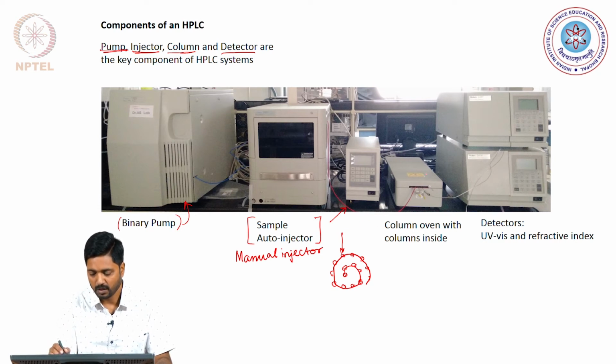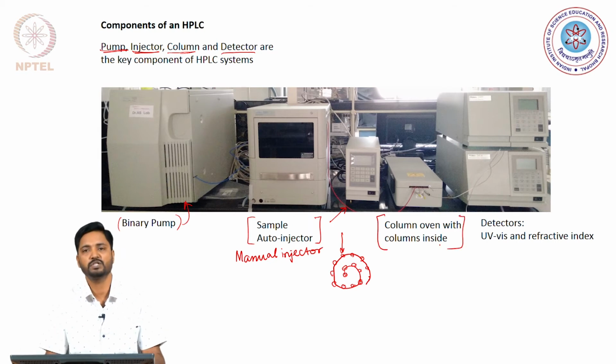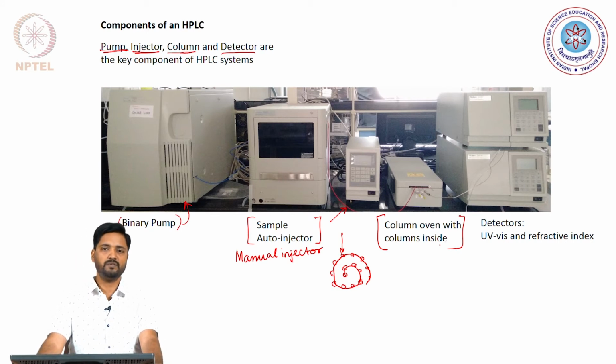So, we have a column oven within which we keep the columns, because as we understood in the previous classes, temperature has a very clear influence on the various parameters in the Van Deemter equation, especially the longitudinal diffusion as well as the resistance to mass transfer terms.